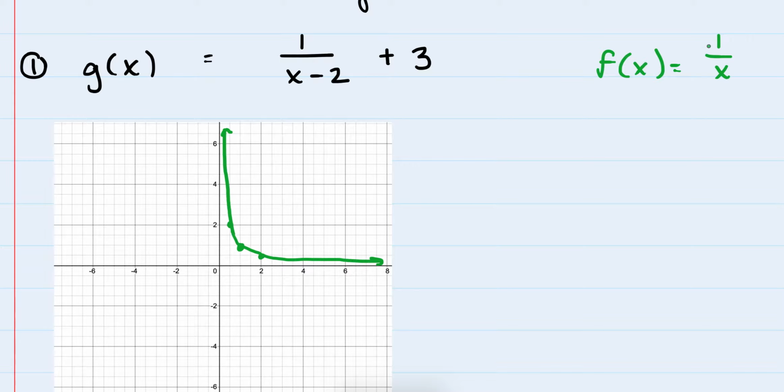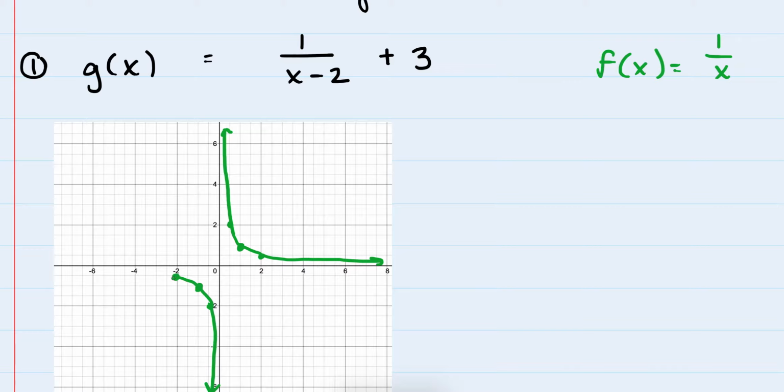And then we also can plug in negative values. The only value we don't have in the domain is 0. So if I plug in -1, I get a point at -1. If I plug in -2, I get -1/2. And if I plug in -1/2, I get -2. So this is a function that's symmetric with respect to the origin.